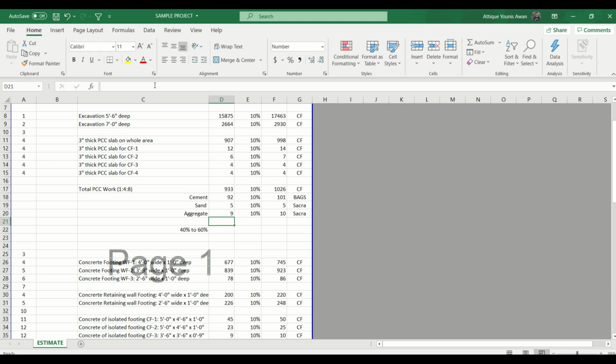So we see that we are going to need 101 bags for this much cubic foot of the PCC, followed by 5 and 10 sacra of sand and aggregate respectively.